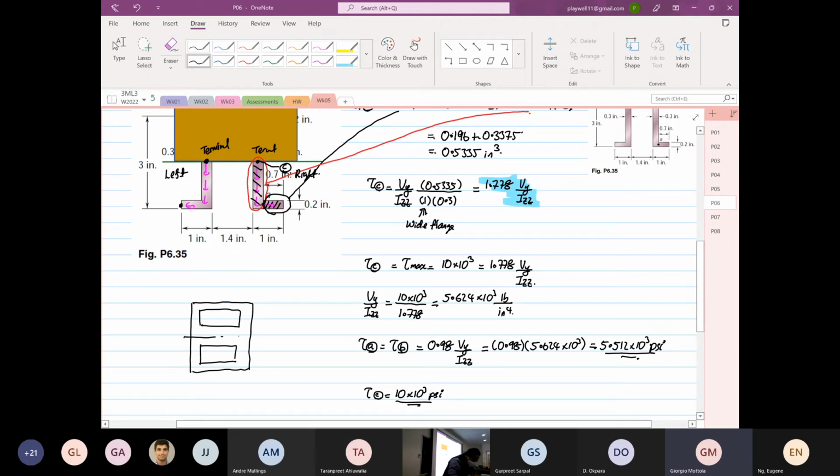I'm trying to picture it in my mind. This is a centroid, right? Question, where is the maximum stress? Probably at that small web there? Yeah, it can be here.